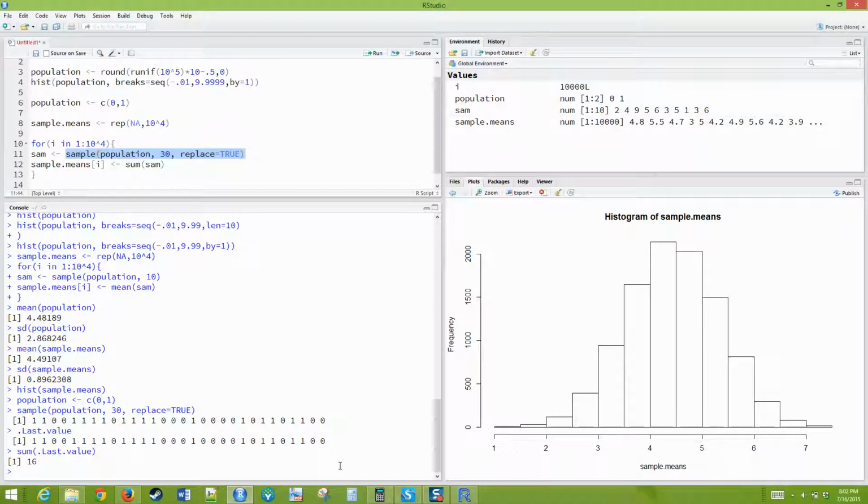Okay, and it says, well, you got 16 yeses out of 30. All right, and so I'm going to do this again. I'm going to do this 10,000 times. Every single time I'm going to draw from the population of 0 or 1, do it 30 times with replacement, and at the end, we don't want sample means, we should call it sample counts.